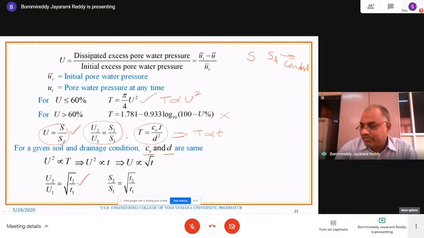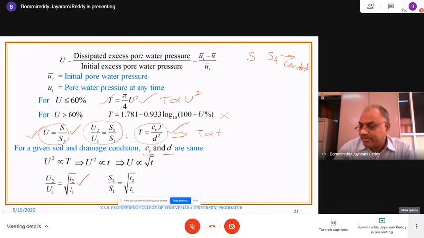Don't memorize any of the formulas, but remember the base formulas. Remember the U formula, the small t formula, and also the capital T formula. Based on these three, you will get all these relations. But if you try to memorize the relations, you will never get the correct relation in the exam. So T is proportional to U square, and accordingly U2 by U1 equal to root of t2 by t1.